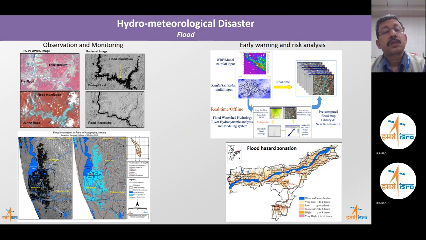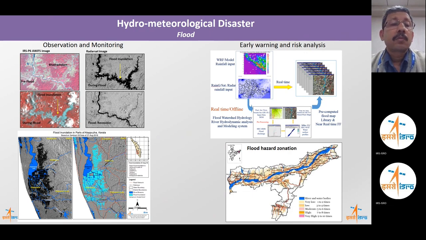However, we have synthetic aperture radar, which provides microwave data. Because it has a larger wavelength, this microwave data is able to penetrate through the clouds, and we can get a very accurate estimation of the area inundated because of the flood.